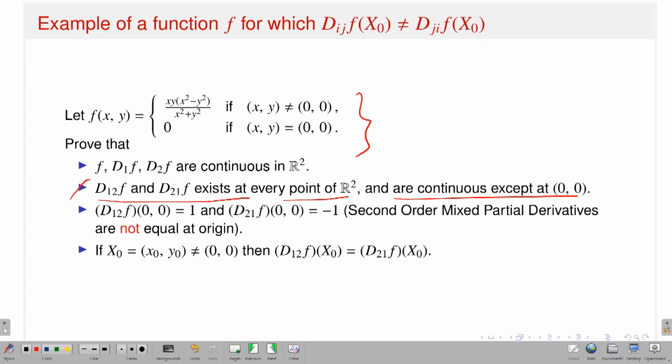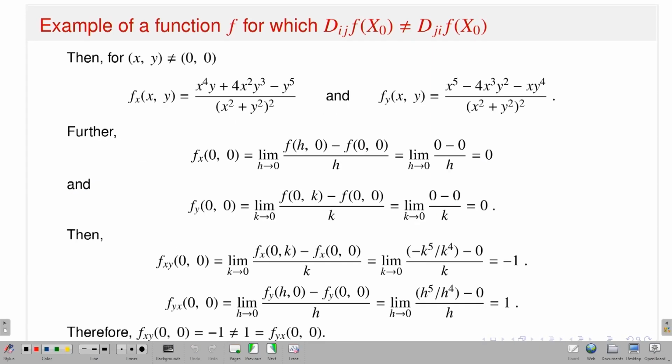In this example, you can calculate the mixed partial derivatives at (0, 0). I have calculated them here. So look, f xy at (0, 0) has the value exactly equal to -1. The mixed partial derivative f yx at (0, 0) is exactly equal to 1, but they are not equal.